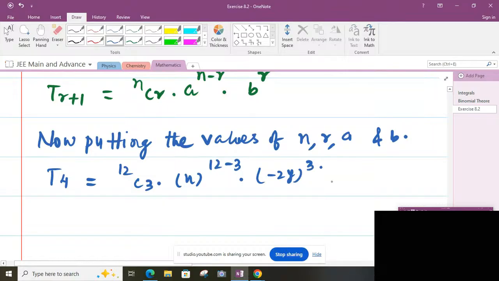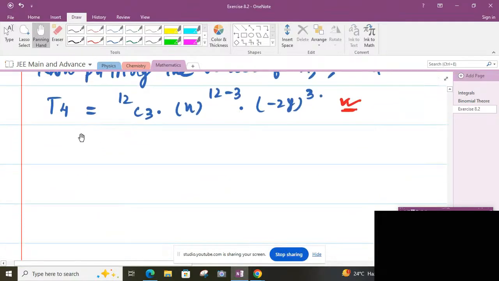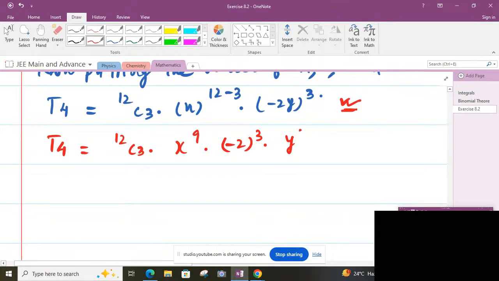Hope that there is no problem to understand up to this step. So T4 equal to 12C3 into x to the power 12 minus 3 into minus 2 to the power 3 into y to the power 3.